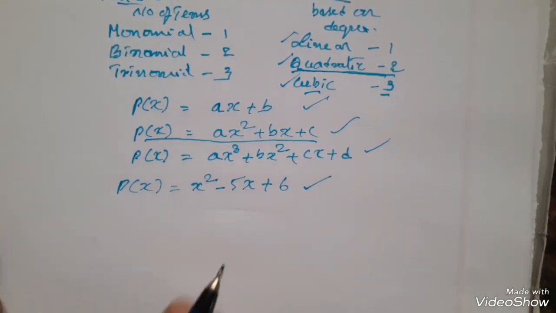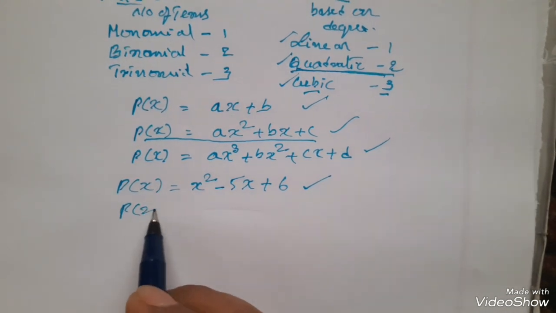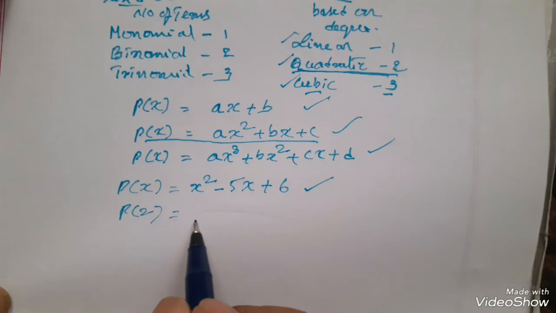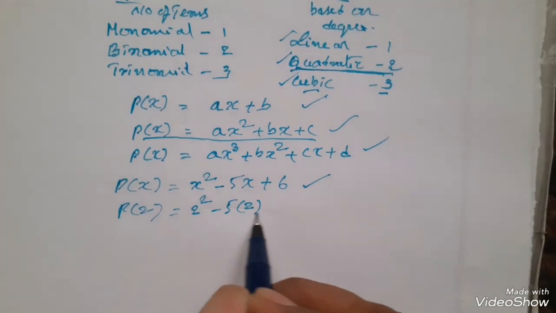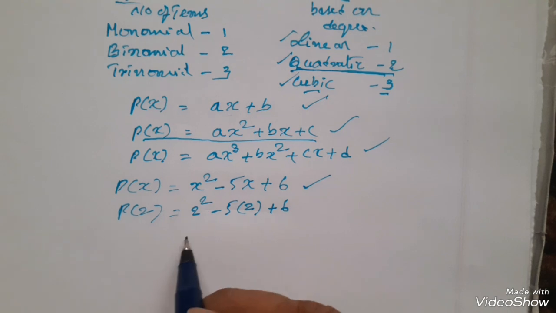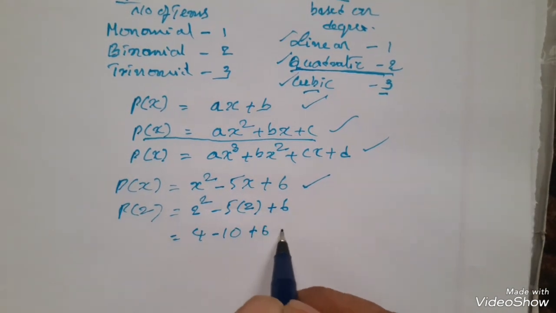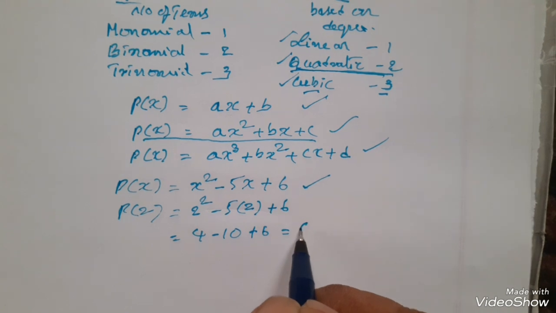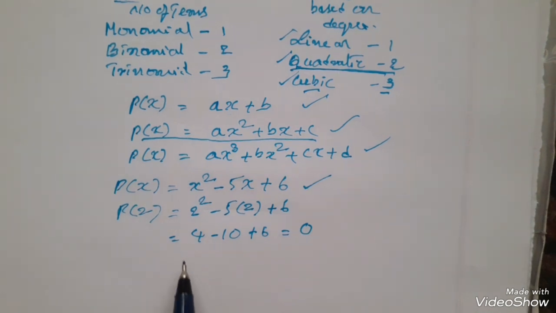So here, in the place of x, if you take 2: 2 squared minus 5 into 2 plus 6, 4 minus 10 plus 6, the value of the polynomial is 0. It becomes 0. So now let us see what is the zero of a polynomial.